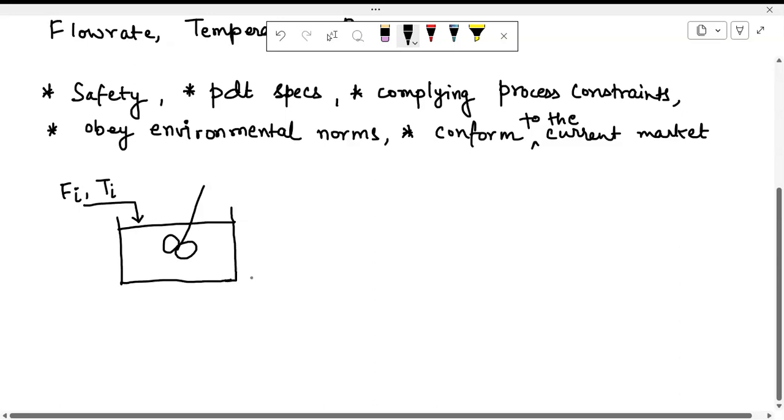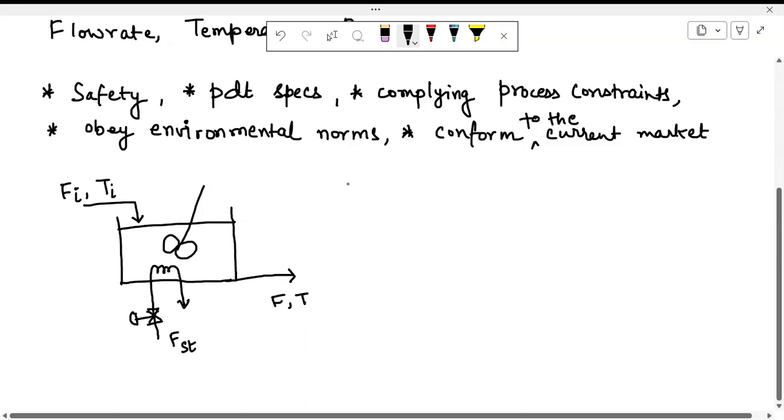The output flow rate is F, and the temperature is T. Also, for the reaction to occur, some amount of heat is being provided to the process with the help of maintaining a steam flow rate. So we have a valve here which will allow the steam to flow through this particular line.